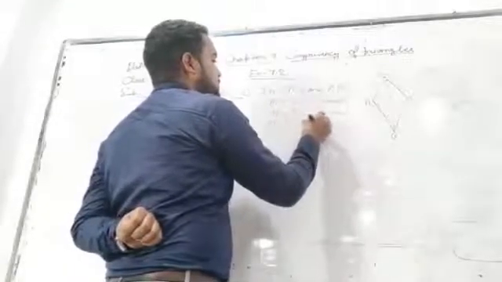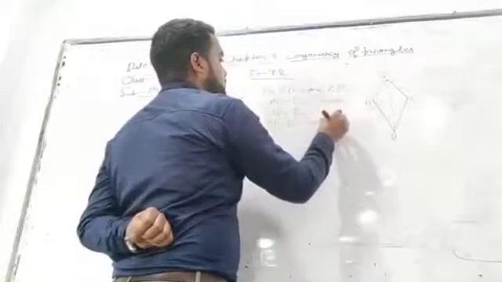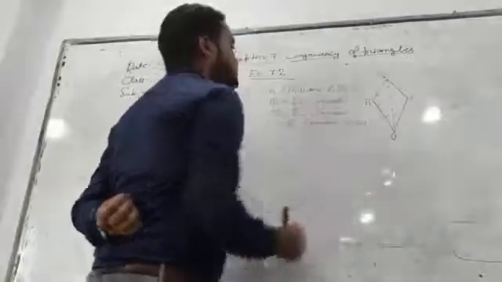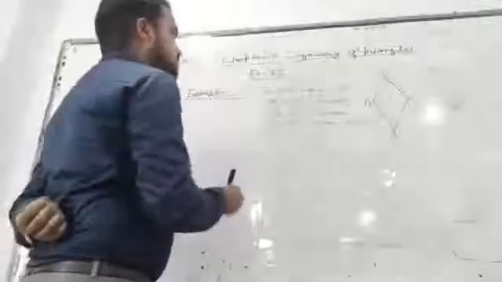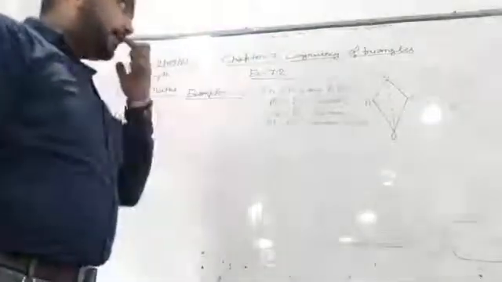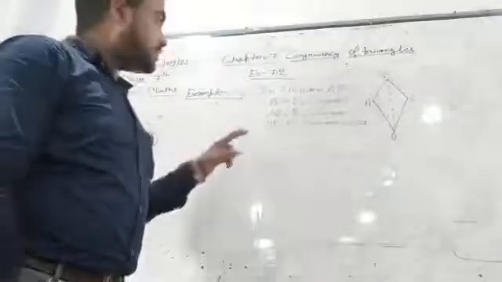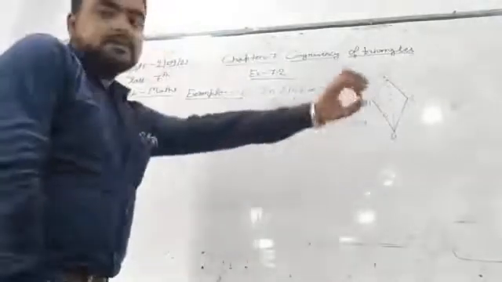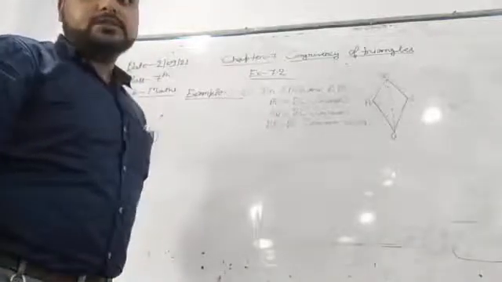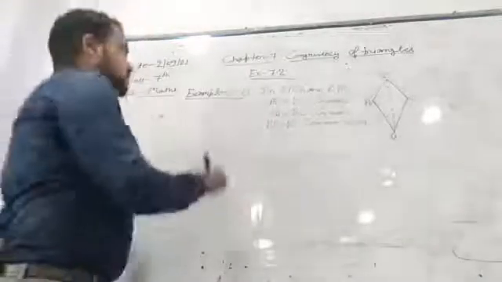Why? Because of common sides. So now these three parts, AD is equal to BC, AB equals BC and BD is equal to BD. These three parts are equal to each other. So here is the first answer of our question.